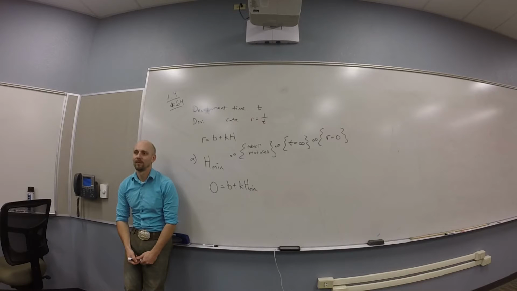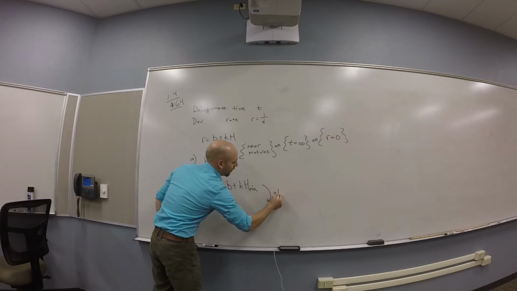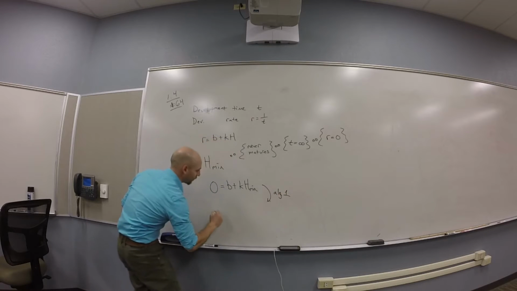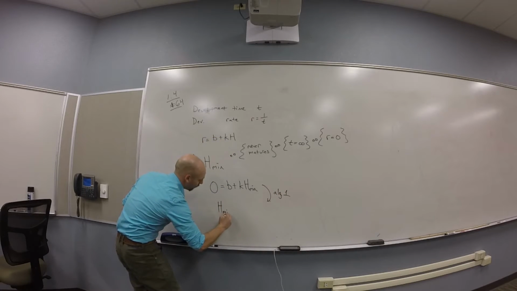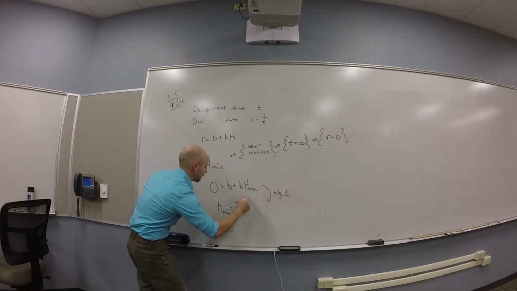You set it up, and you guys can do the arithmetic from here. Subtract, and I think some algebra 1 will get you to h min is negative b over k. Rock star.